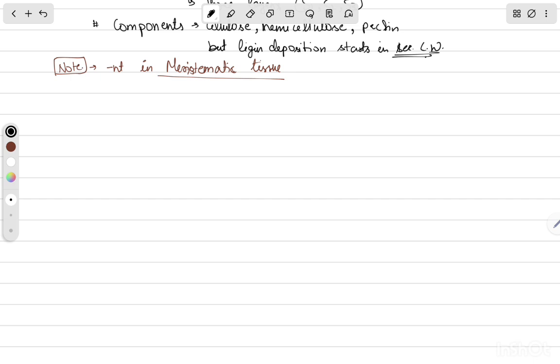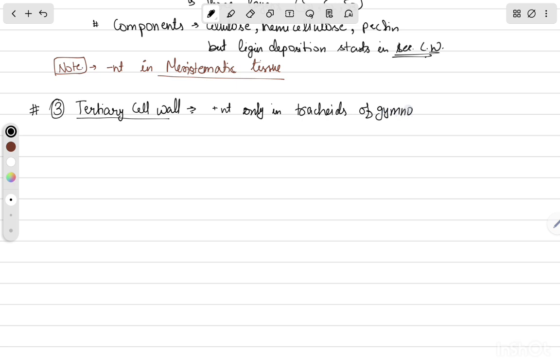Now there's one more layer, the third type of cell wall, that is tertiary cell wall. Tertiary cell wall is not present in all the cells, right? It is present only in tracheids of gymnosperm. It is not very important to learn.